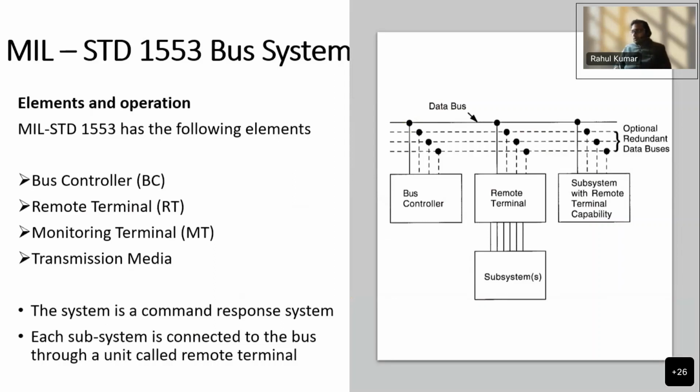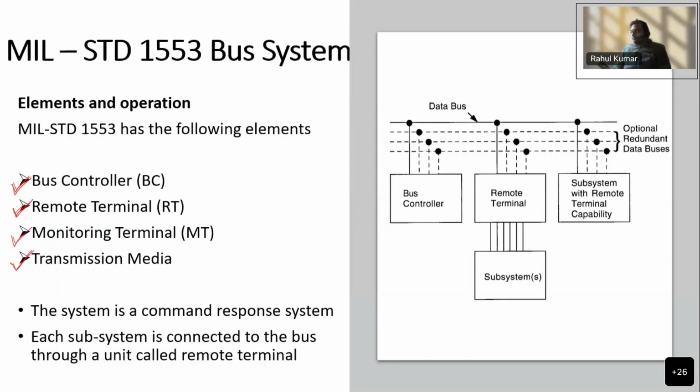Now this 1553 bus system has these elements or components. You have the bus controller, you have a remote terminal, and then you have a monitoring terminal and the transmission medium. The transmission medium is your wire or data bus. Okay.